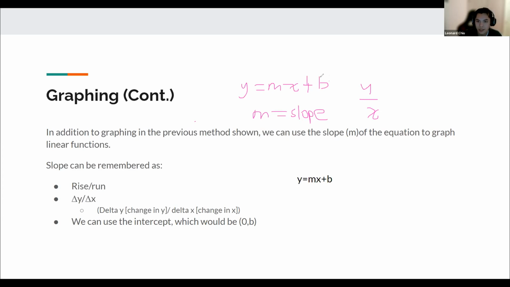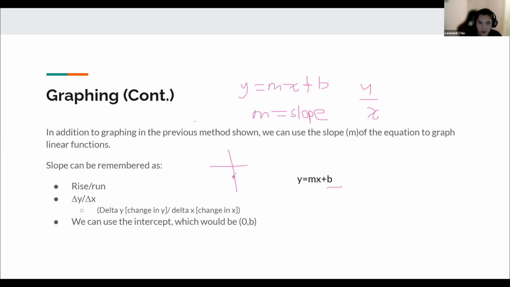Now, does anyone know what b is? The intercept. Right. It's the y-intercept. This is where the graph will intersect with the y-axis.